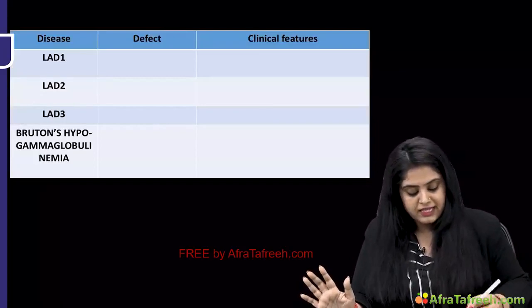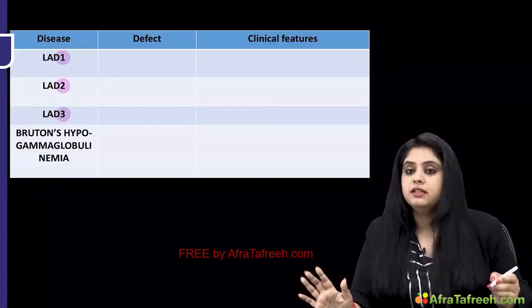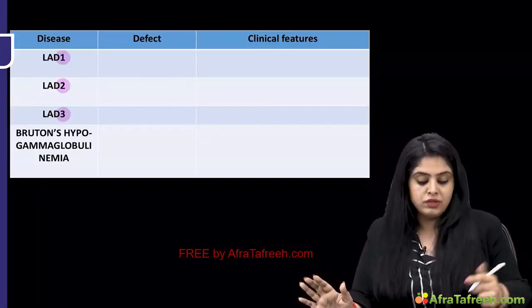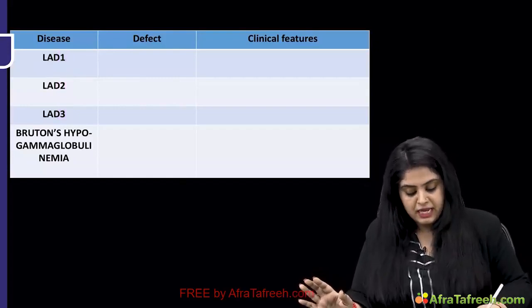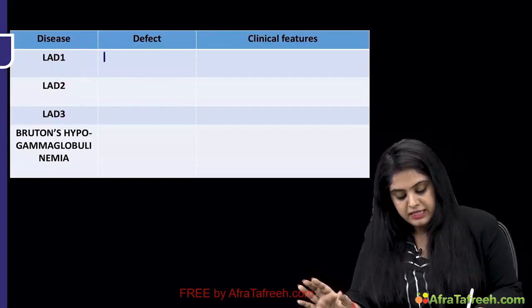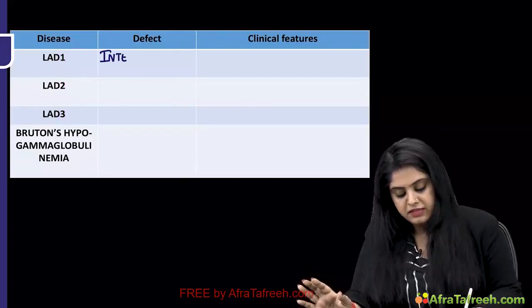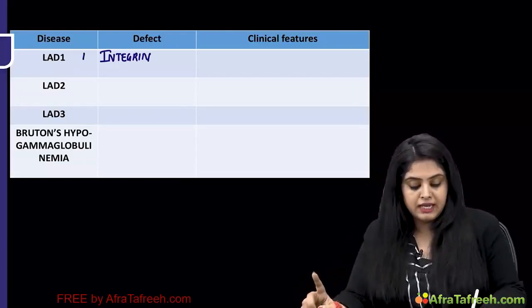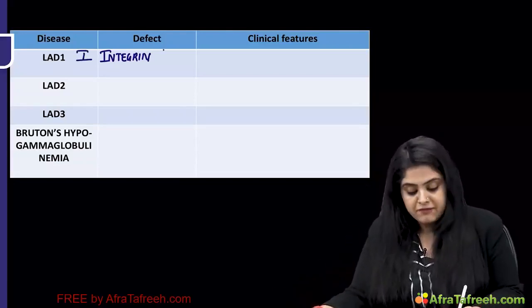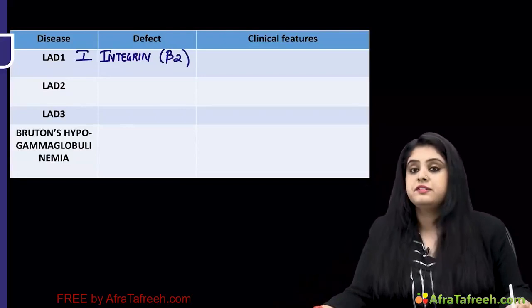When I say LAD, it is LAD 1, 2 and 3, and the mnemonic is 1, 2 and 3. How easy. When I say 1, there is an integrin defect. The way you write 1 is the same way you write I, so 1 is integrin defect. Which integrin is defective? Beta 2 is defective.